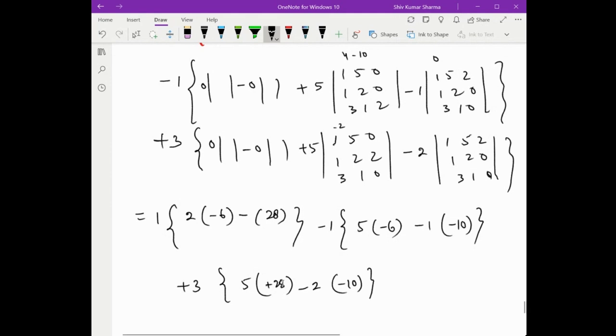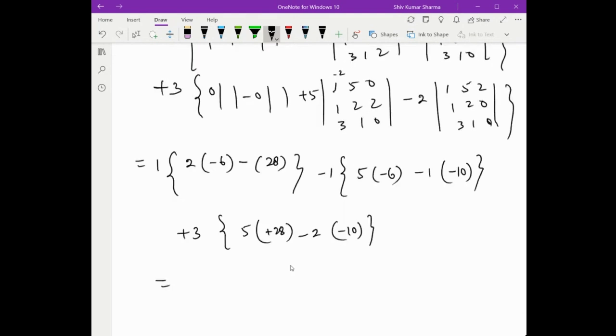So you write, this is equal to 6 to the 12, 12 minus 28, that means minus 40. And 6, 5 is 30. Minus 30, minus 30 plus 10, minus 20 or plus 20.